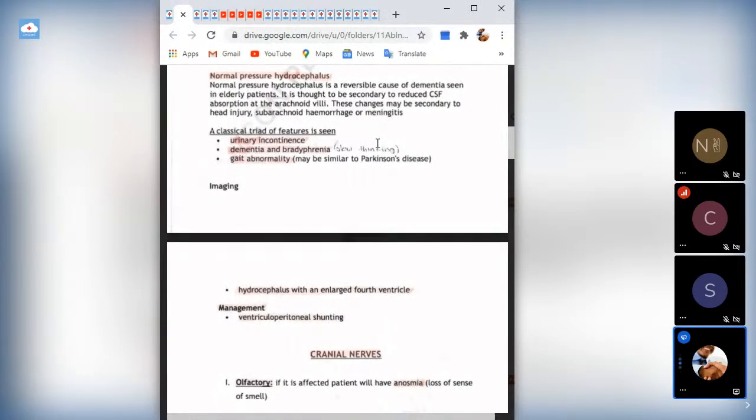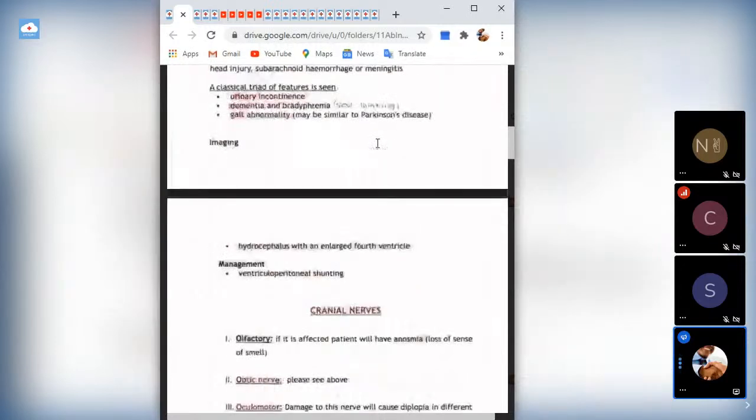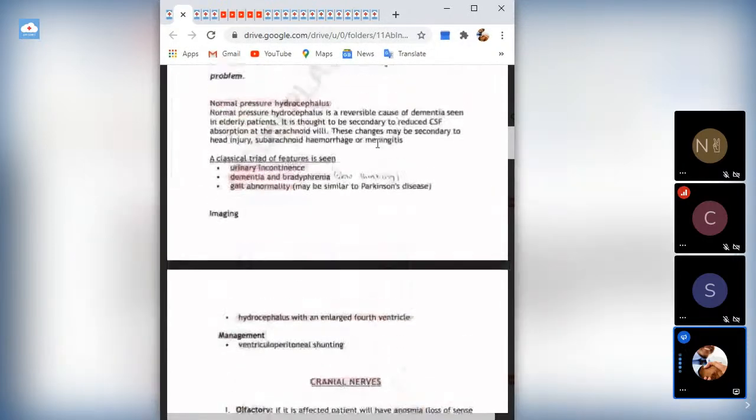Urinary incontinence is very important. When you see a patient that has dementia with urinary incontinence, bradyphrenia, very slow thinking, then gait abnormalities, and you do a brain CT scan and see evidence of hydrocephalus by ballooned out, enlarged ventricles, you should think of normal pressure hydrocephalus.